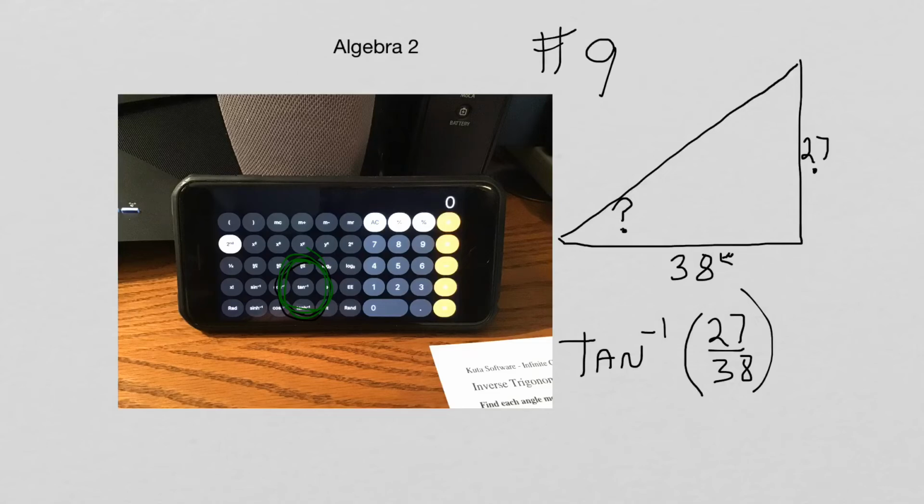That's just the -1 like for an exponent. That's the arctangent button, and it'll give it to you in degrees. The answer for this will be 35.4 if you want to be exact. That's the degrees of the angle at the question mark.